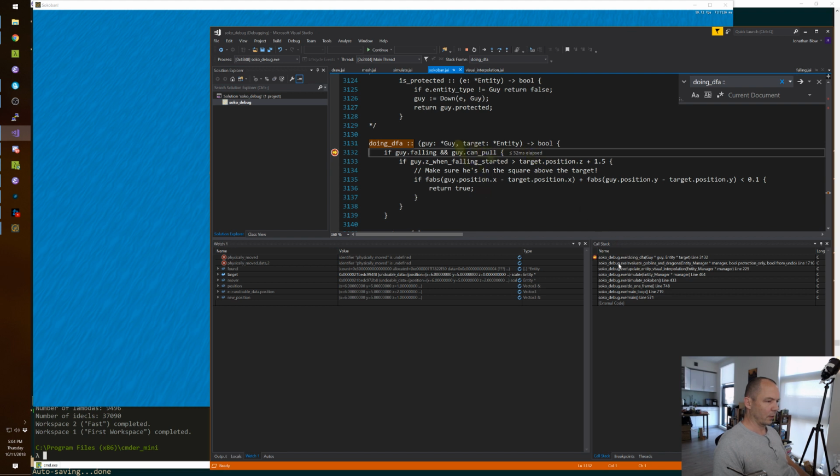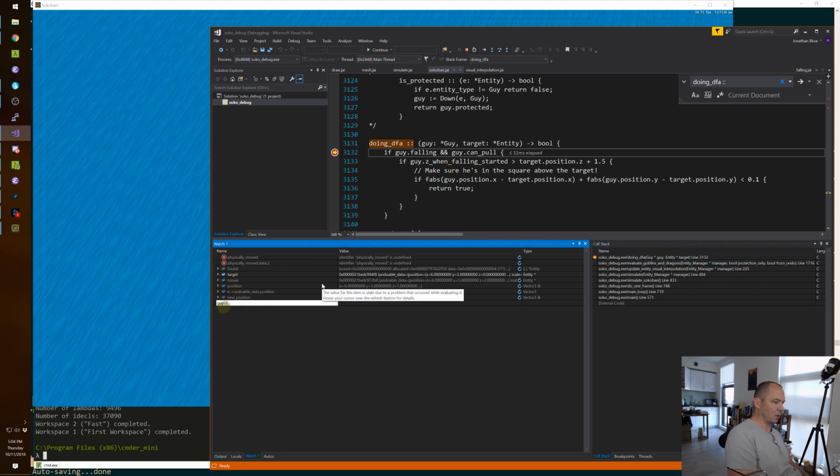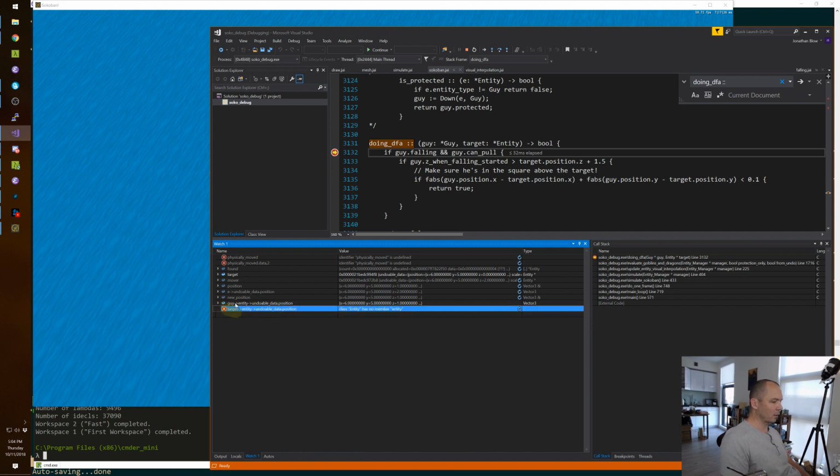Okay. So now target entity undoable data dot position. Okay, this is right. So one thing was we were checking doing DFA.